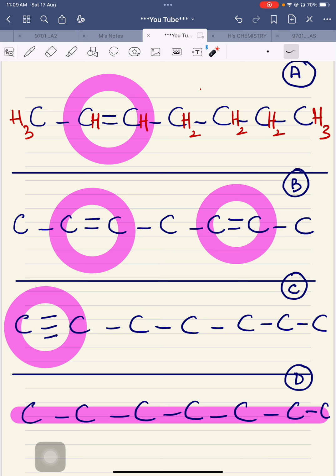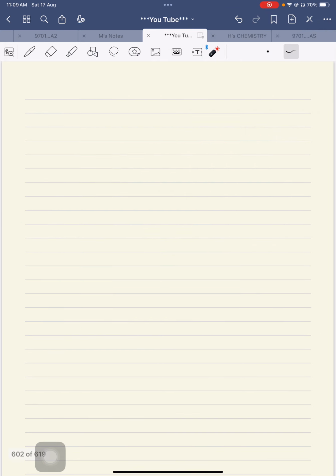Now, guys, there is one more point: how are we going to detect whether a hydrocarbon is saturated or unsaturated? There is one test, called the unsaturation test or saturation test, to detect saturation or unsaturation.